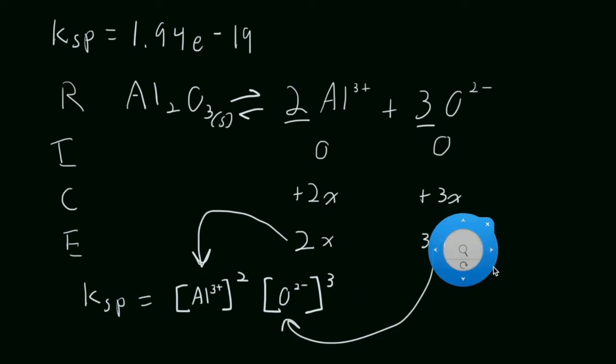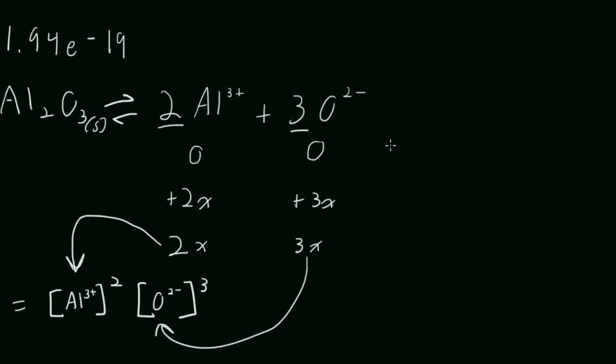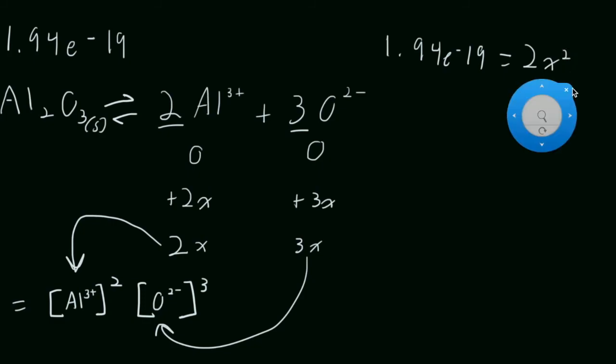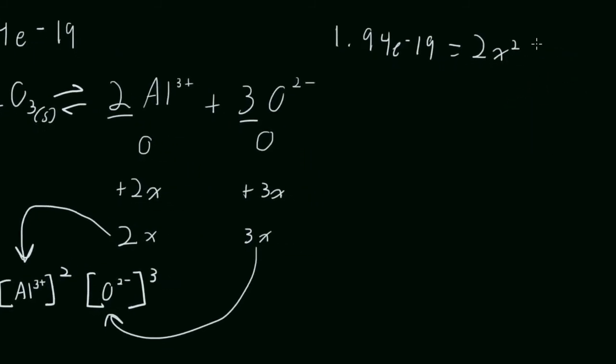And so we end up with 1.94 E negative 19 equals 2x squared times 3x cubed. And when we put that together, we get 1.94 E negative 19 equals 6x to the 5th.